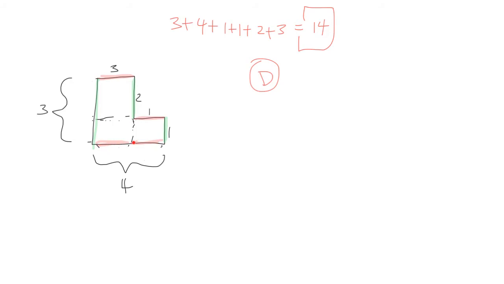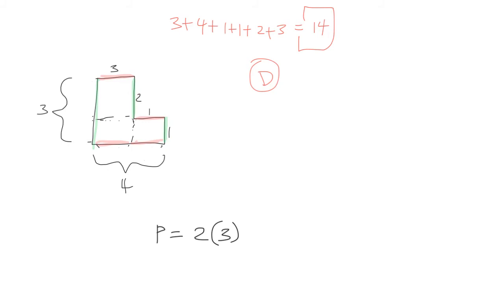Since the red horizontal segments here end up equaling the total red horizontal segments up here, and since the green vertical segments all add up to these green vertical segments, the moment you found this whole green segment of 3, and the moment you found this whole green segment of 4, it means that the perimeter will be 2 times 3, because it's this green segment, which is 3, plus this green stuff, which is 3.